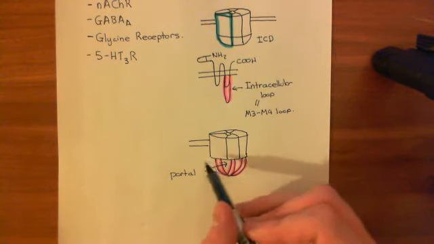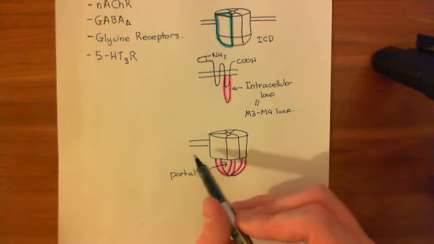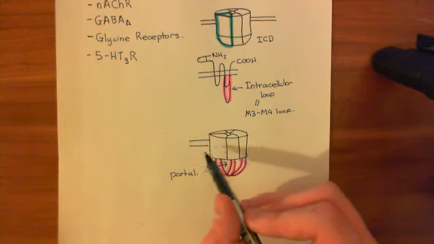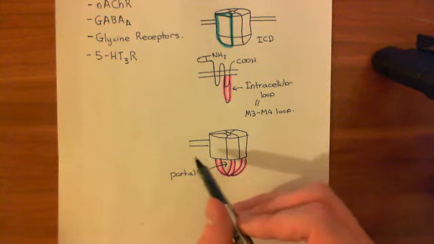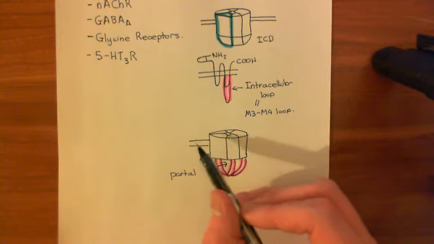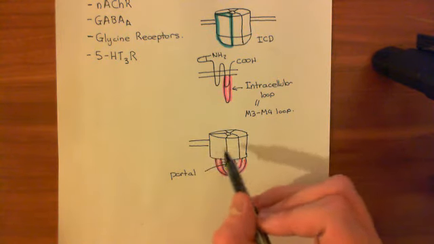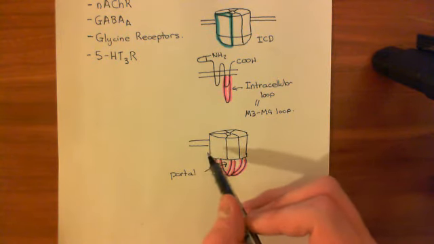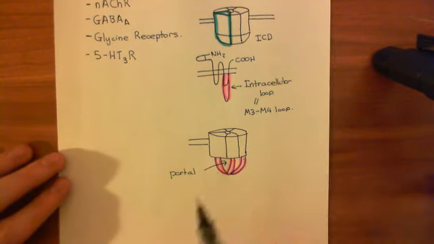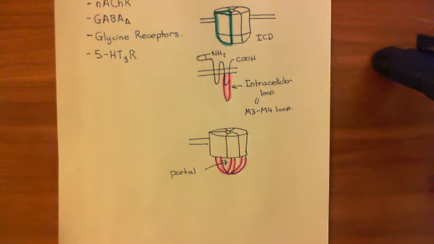So you want to direct them towards the inner leaflet of the phospholipid bilayer, so that the change in membrane potential that you get across the cell membrane in response to the ions coming in is maximized. Okay, so that's the function of the intracellular domain.